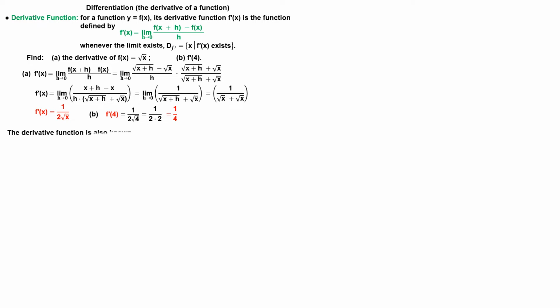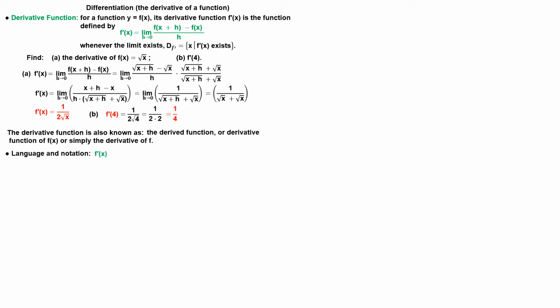The derivative function is also known as the derived function or derivative function of f of x, or simply the derivative of f. Besides the prime notation, there are several other ways to express the derivative of a function.